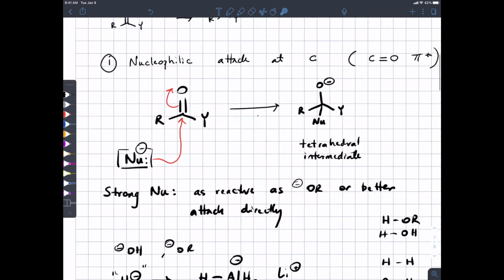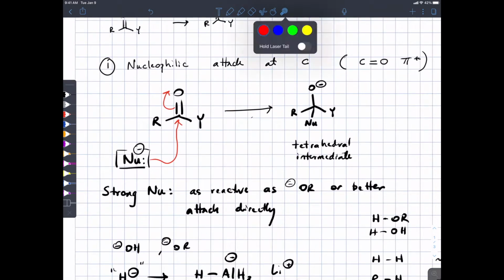So what I've shown you so far is just the first step. This first step is an addition reaction because we add the nucleophile to the molecule. We add two things together and we only get one. Now, whether it's an addition reaction or a substitution reaction is going to depend on what happens to the tetrahedral intermediate in the next step. And we're going there in just a sec. Okay? What else?